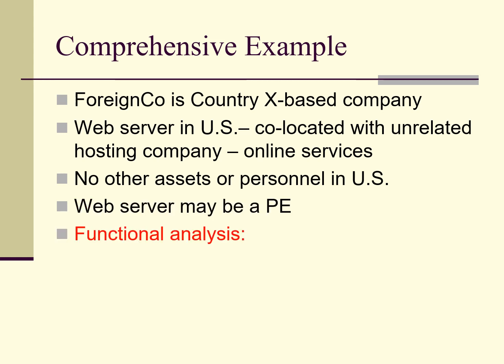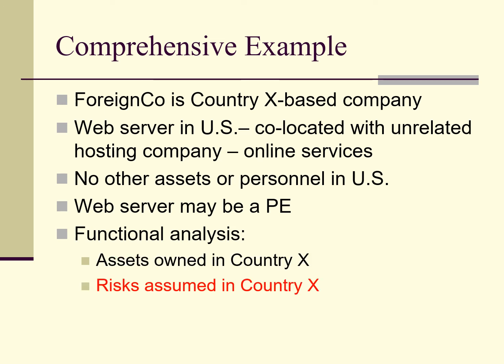If the server is a permanent establishment, we must perform a functional analysis of its operations to determine the amount of Foreign Co's profits that should be attributed to the server and taxed in the United States. In this case, the assets are clearly owned in Country X. This is because the income-producing assets, which include primarily the software and data on the server, were developed by Country X personnel.